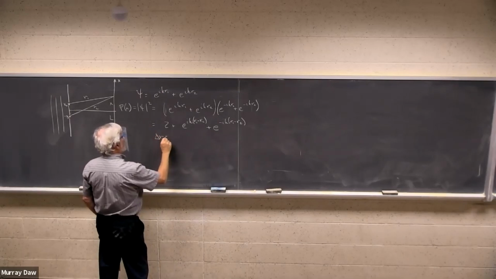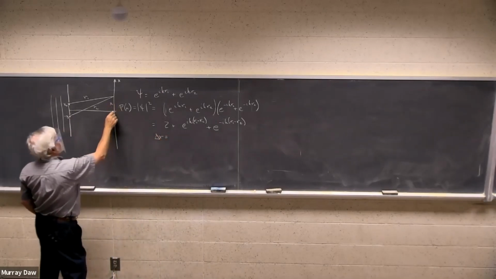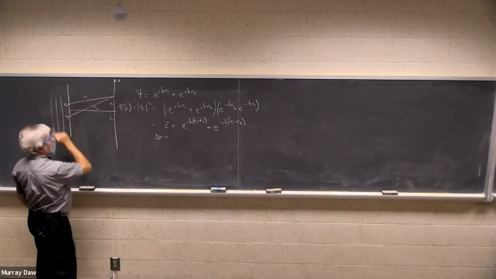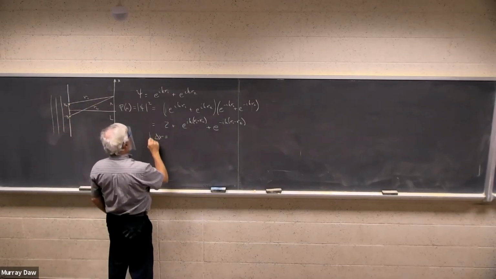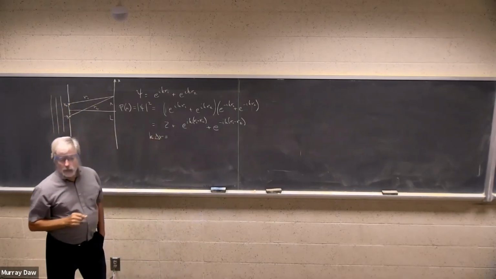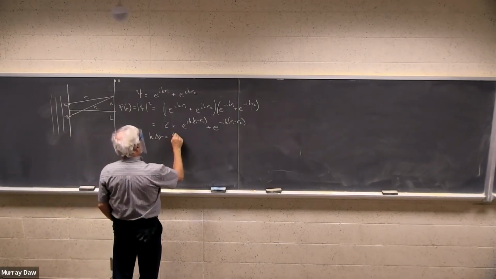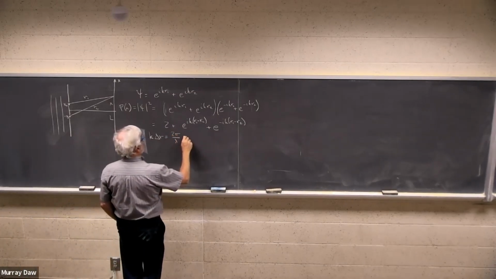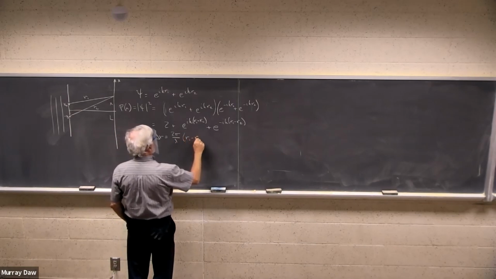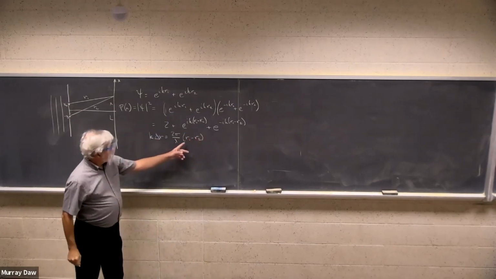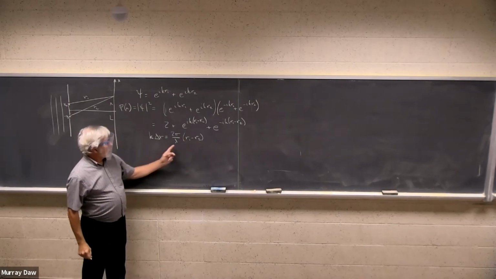This delta R is a function of x, a function of where you are on the screen. It's the difference in the path length between the two. And we're going to multiply by k. The wave number, remember, is 2 pi over the wavelength. So you're comparing this difference, delta R, to a wavelength.